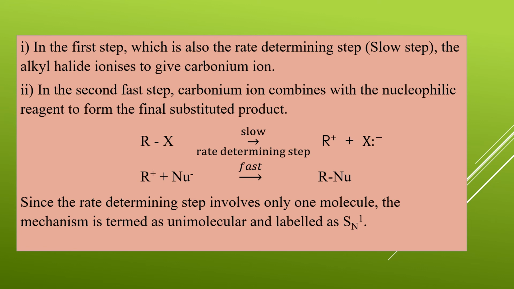Now what is happening in the second step? The carbonium ion, which is formed in the first step, combines with the nucleophile to form the final product. Carbonium ion is denoted by R+. This R+ is now combining with the nucleophile, that is Nu-, and it is forming RNu, which is the final substituted product.